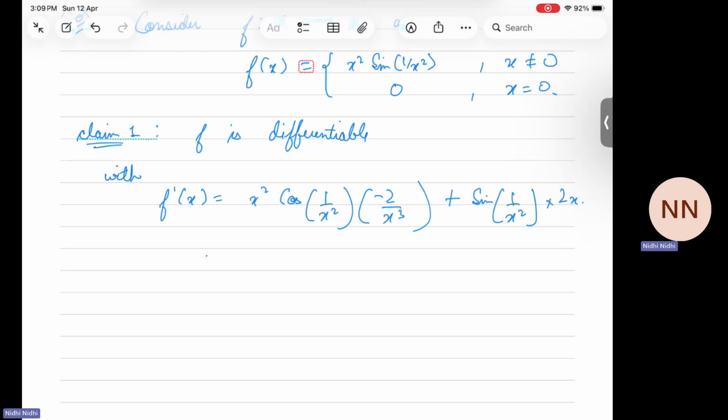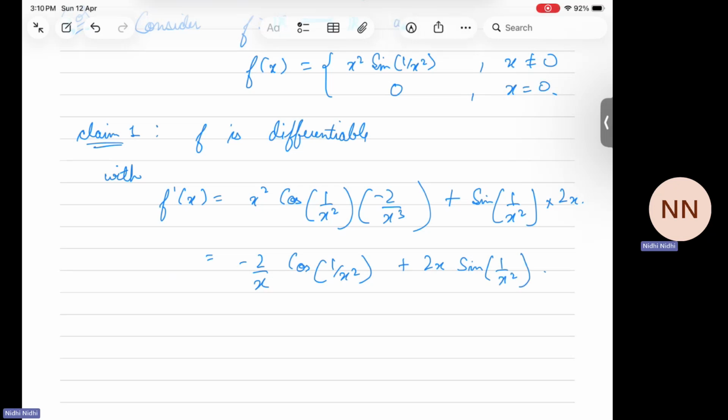Now this is equal to minus 2 by x cos 1 by x square plus 2x sine 1 by x square.